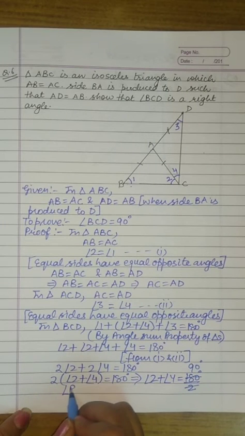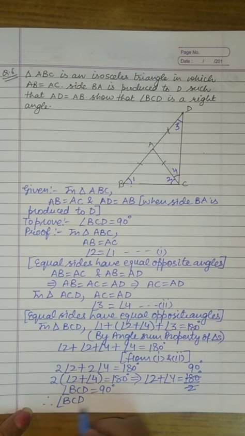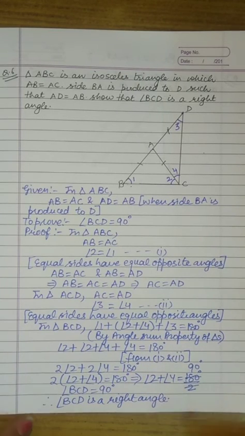So therefore angle BCD is equal to 90 degrees. So we can say angle BCD is a right angle. So it is proved, hence proved, that angle BCD is a right angle.